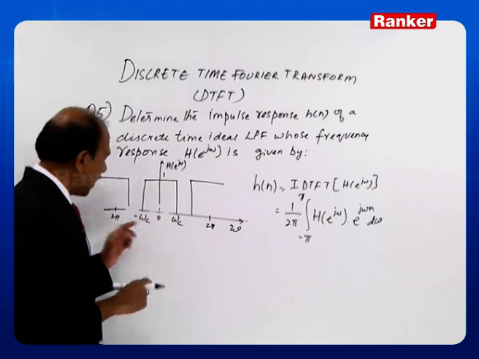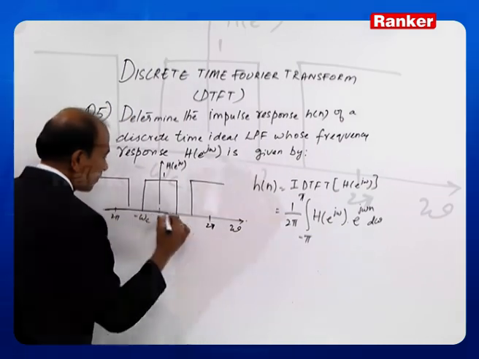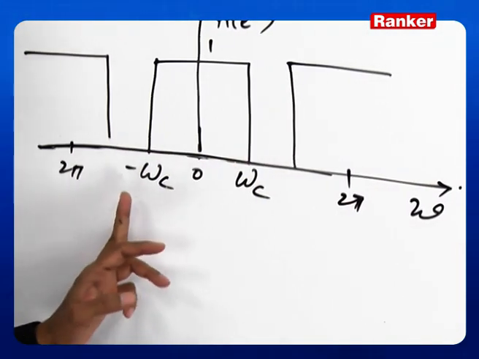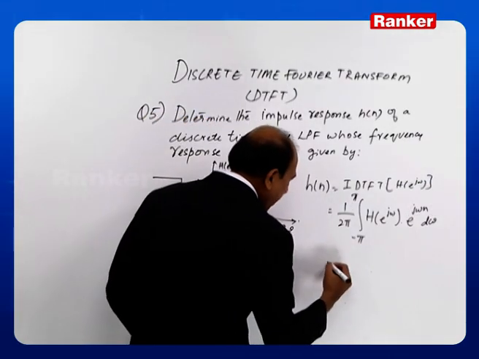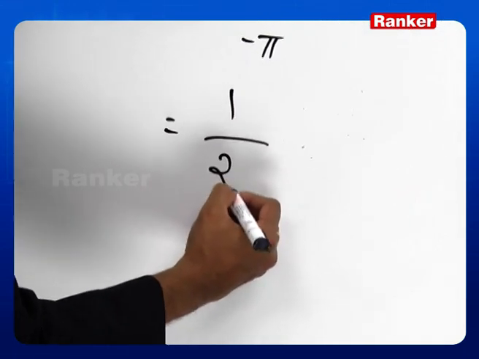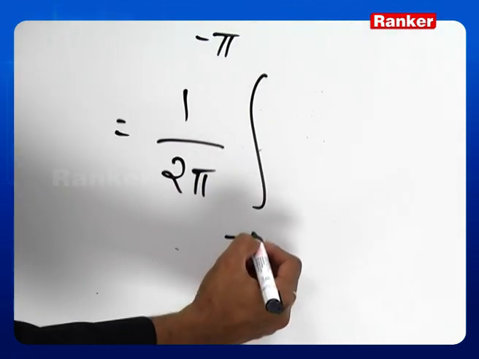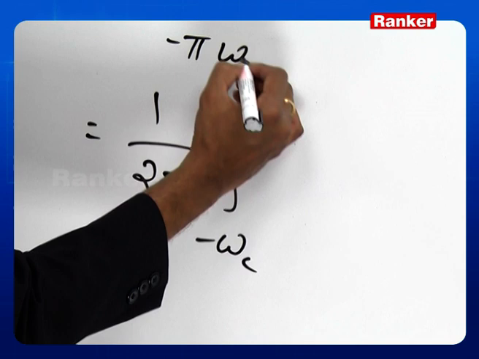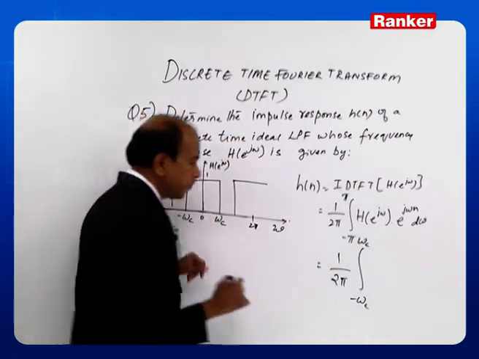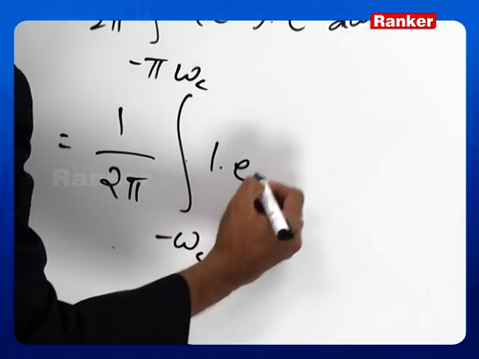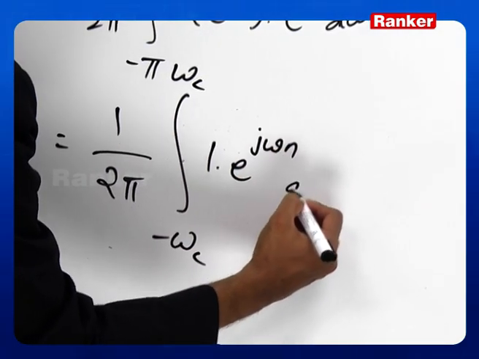Now, looking at the ideal low pass filter, it exists from minus omega c to plus omega c. So, let us change the limits here. I will write 1 by 2 pi, integral from minus omega c to plus omega c, and H of e to the power of j omega is 1, so 1 into e to the power of j omega n d omega.